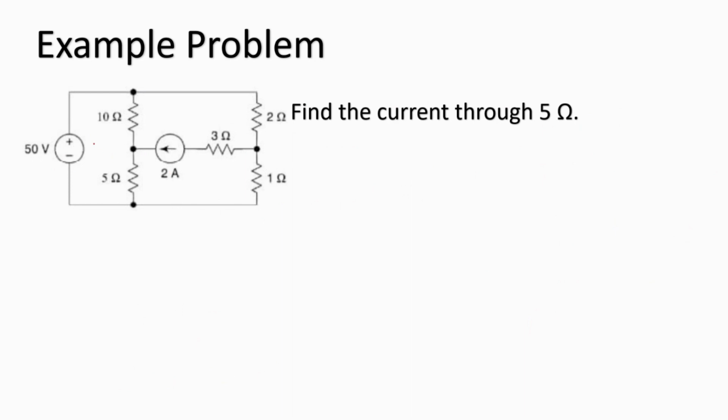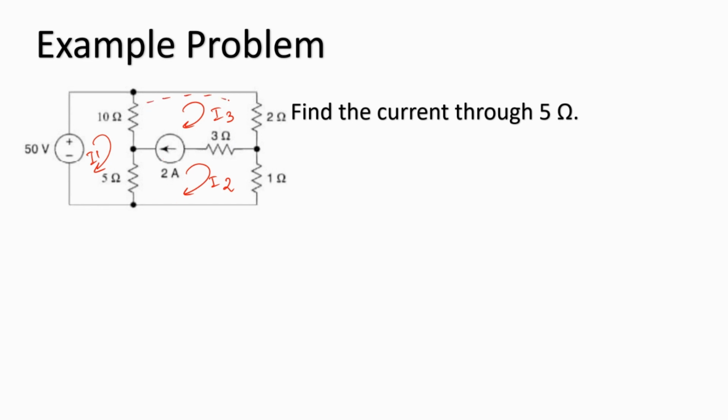So suppose I call this the first loop, with I1 being its loop current, and this is the second loop with I2 being its loop current, and this is the third loop with I3 being its loop current. Then between loop 2 and loop 3, we have the current source and this 3 ohm resistor in common. So we can now clearly see that we can frame a super mesh for this particular loop.